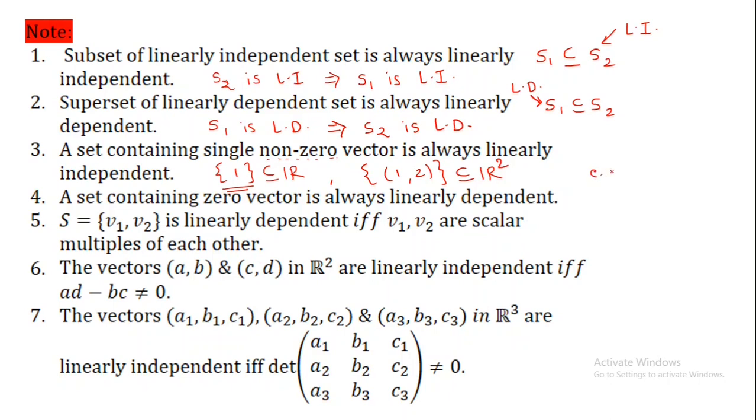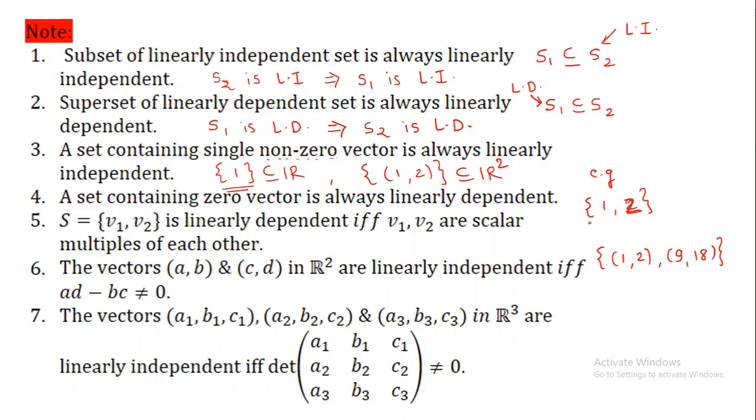What is the meaning? Just now we have seen two examples. This set was linearly dependent and this set was also linearly dependent. So by simple observation one can guess that these two sets are linearly dependent.